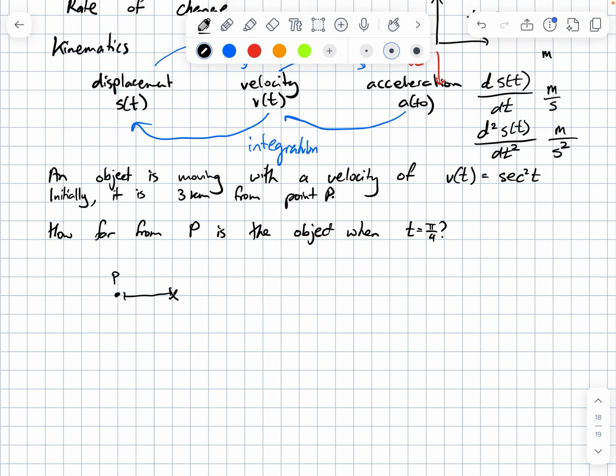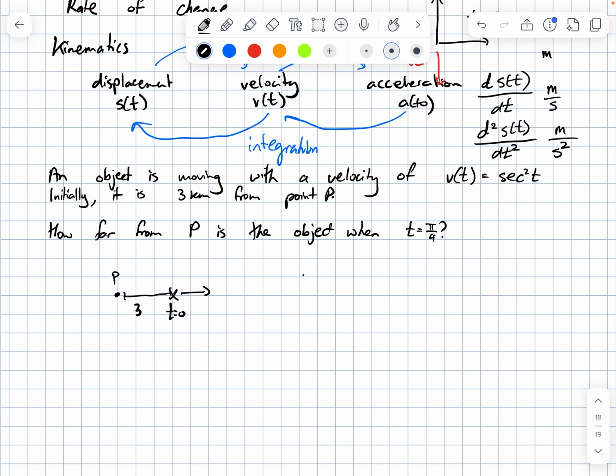That's where it is, and it's moving with a velocity of sec squared t. So it's moving, say, in that direction. We don't really know what direction it is, it doesn't really matter. And that's 3 at t equals 0.